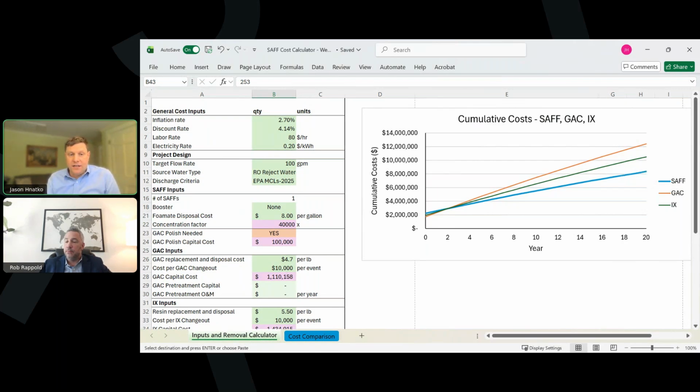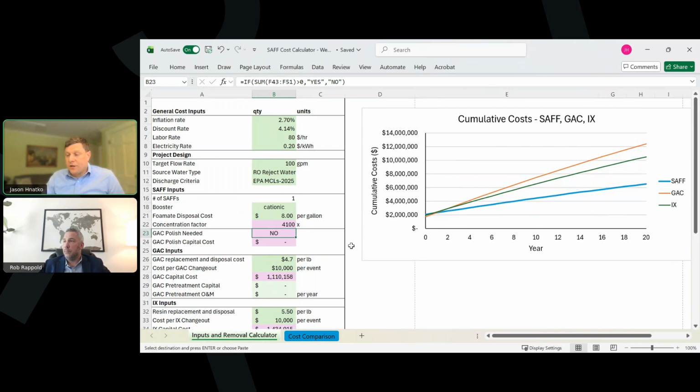So that's an advantage of using foam fractionation. Now, as we've discussed, the cationic booster is going to be your highest removal rate. So if we switch to the cationic booster, we see that SAFF curve flattens out. We've eliminated the need for the carbon polish, so our costs are lower over time. And now we're at about a 2-year payback period versus the GAC and ion exchange resins.